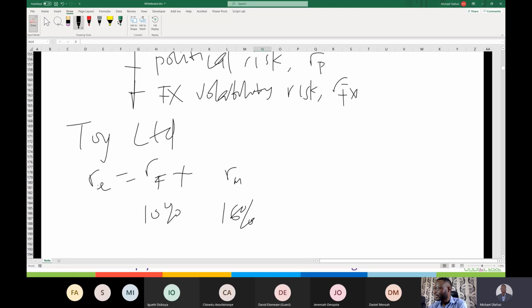But because we are calculating the risk premium, it is 16% minus the 10% risk-free rate, so that's 6%. That's the risk premium everybody is demanding. They are demanding a 6% risk premium for putting their money in the stock exchange.